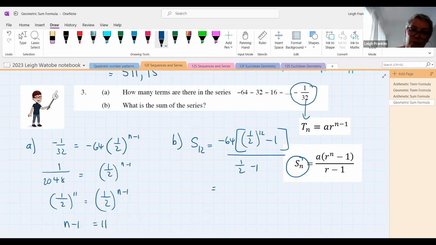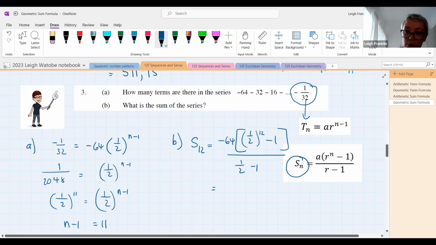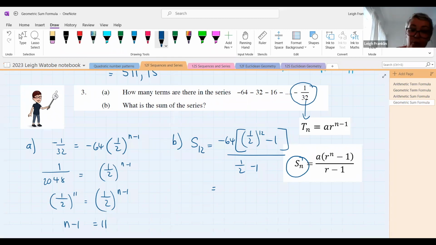The other thing that I want to do is I also just want to show you guys where your marks would be allocated, because there are certain steps that you absolutely have to show. Let's just do this. Okay, so I'm getting an answer. I hope you guys are getting the same as me. I'm getting -127,97.